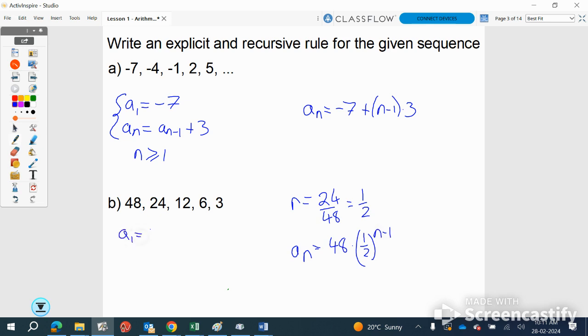Recursively, we've got A1 is equal to 48, AN is equal to AN minus 1 times a half, and n is an element of the set of natural numbers, which goes from 1, 2, 3, 4, 5. It makes it geometric, right?